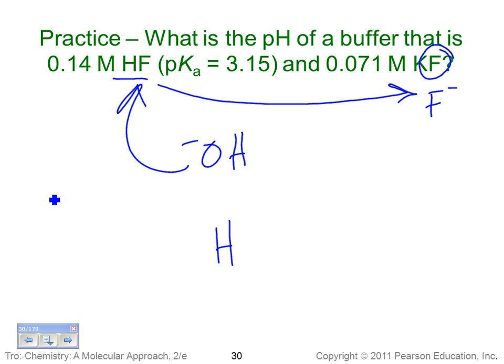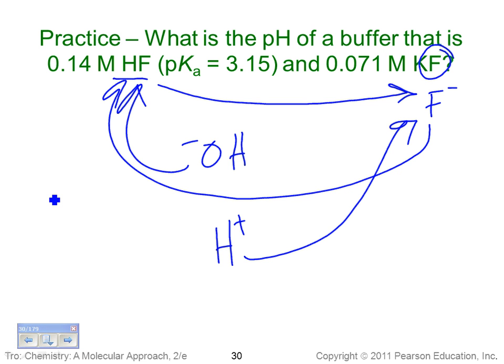Any acid that I add to this is going to do the opposite. It's going to react with the base form, and the base form will then get changed into the acid form. So Le Chatelier's principle says that the equilibrium is going to shift, but when it's finished shifting and gets back to equilibrium again, it's still going to have pretty much the same hydronium concentration.